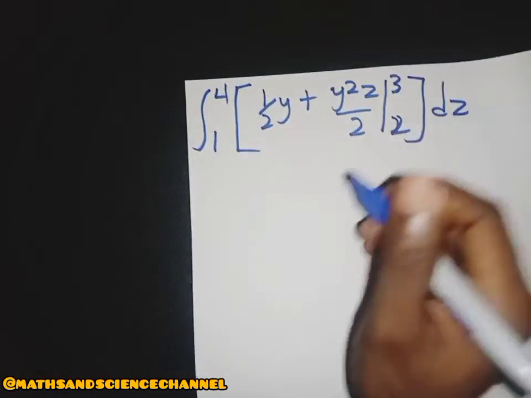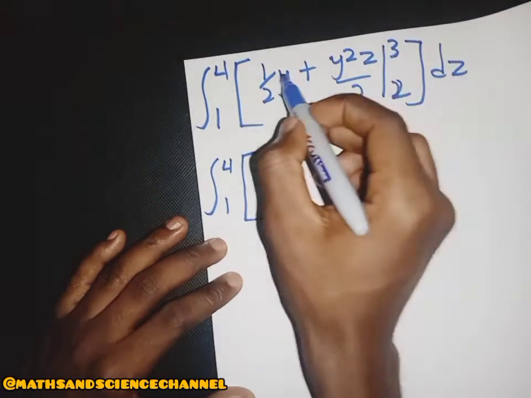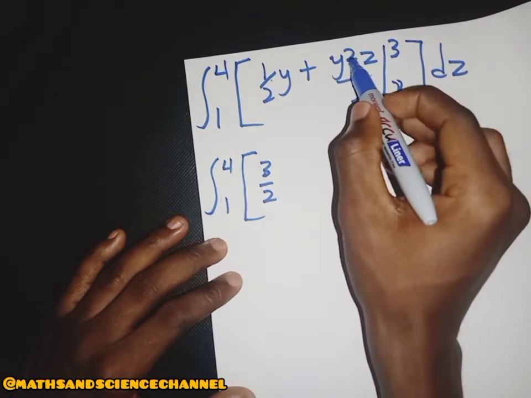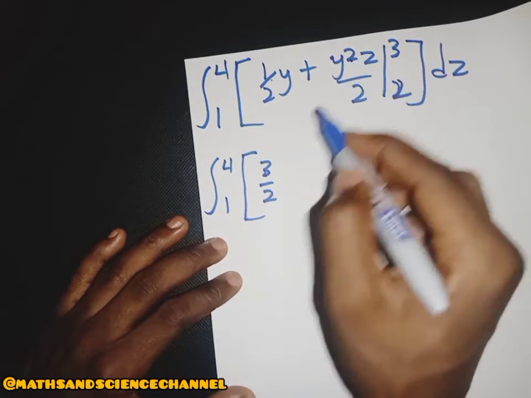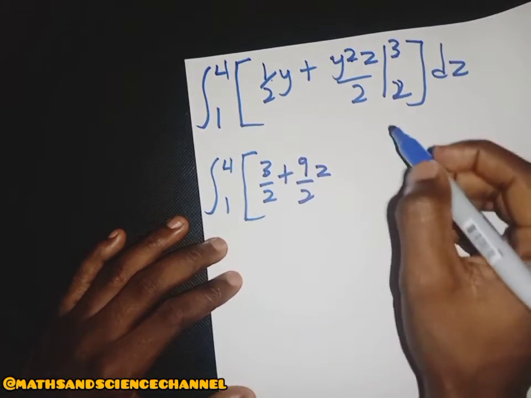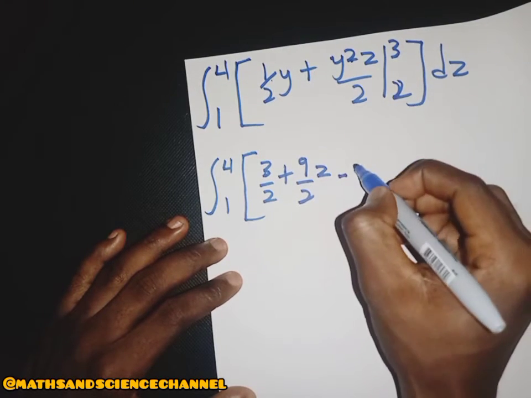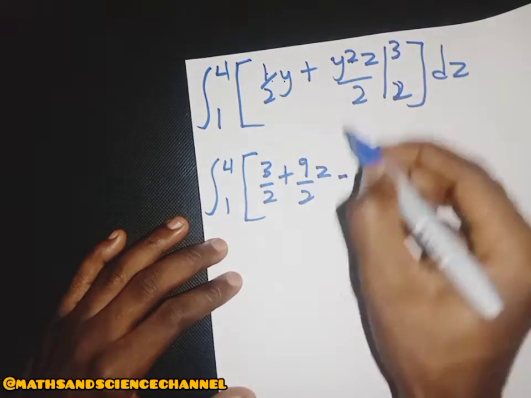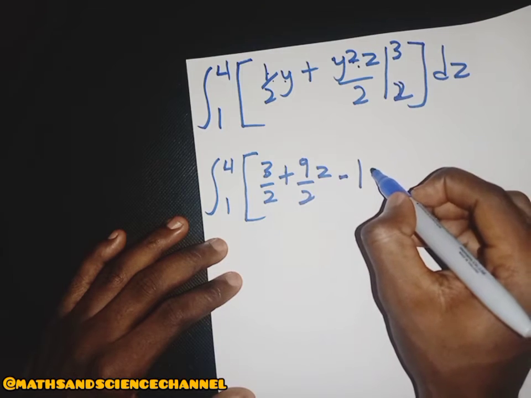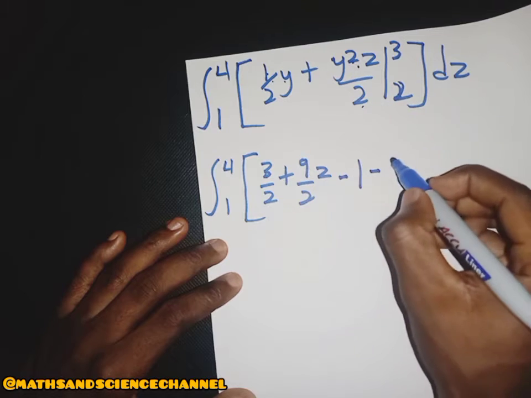With y, we substitute 3 into it and get 3 over 2, plus 9 over 2 z. The minus part: we substitute 2, then we have 1, minus 4 over 2 z, which is just 2z.